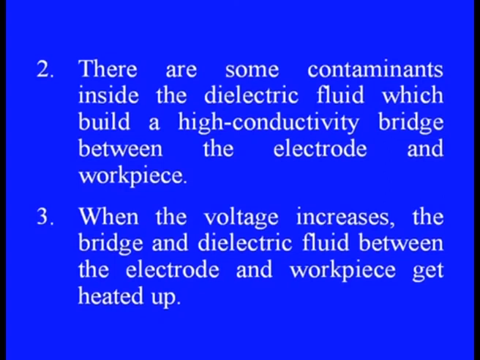Number 3, when the voltage increases, the bridge and the dielectric fluid between the electrode and the workpiece get heated up. Number 4, the dielectric is ionized to form a spark channel, what is called a plasma channel also. The temperature and pressure rapidly increase and a spark is generated.